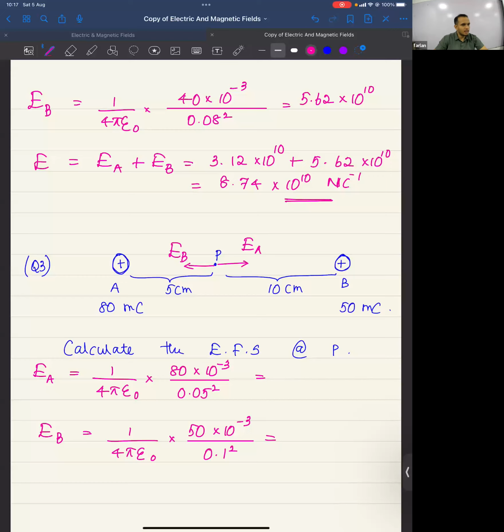Guys, what is EA? 2.87 into 10 to the power 15. You didn't convert the centimeters to meters. EB?